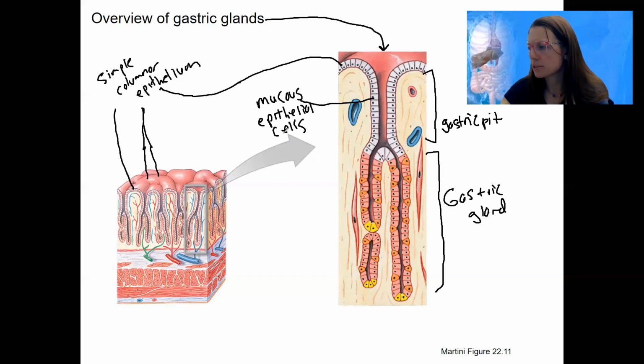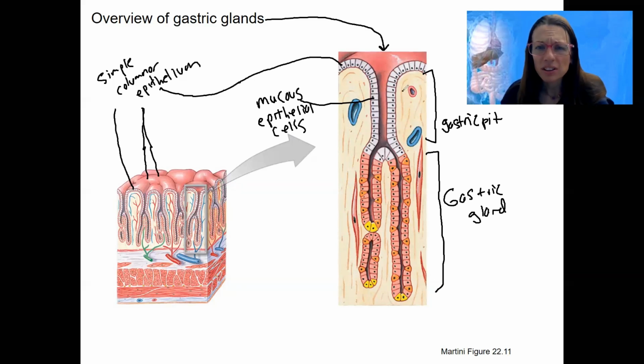They're gonna secrete a thin acidic mucus whose function is kind of unknown, but it likely protects the gland itself from enzymes and other breakdowns. So it's probably protective for the rest of the gland.